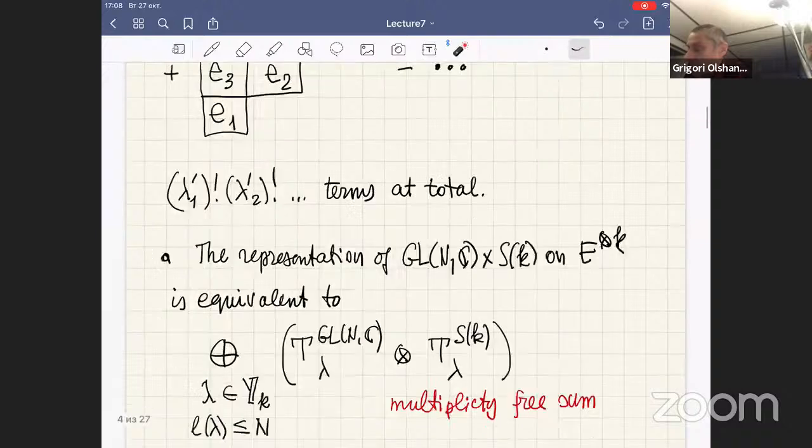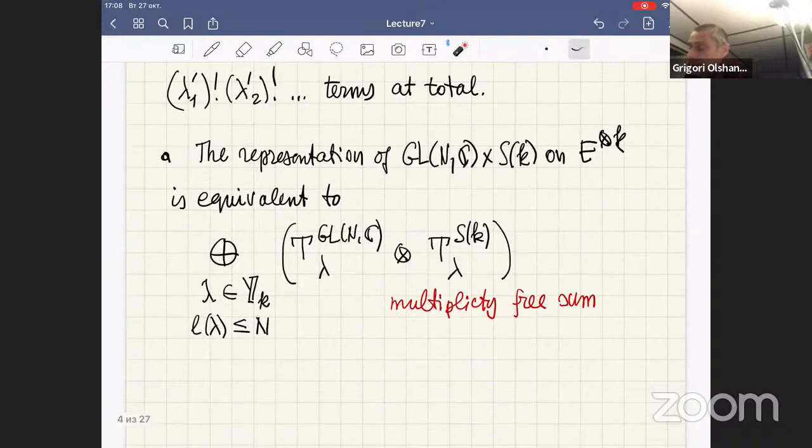As a result, we get the following picture: the structure of a representation of the product of GL_N and the symmetric group on this space. This representation is a multiplicity-free direct sum of joint representations of this group and this one.